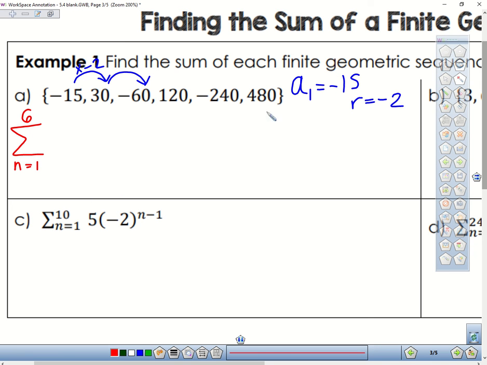And then we take our first term, which is negative 15, times our common ratio to the power of n minus 1. That's the general formula for a geometric series. Okay, that's how you write a geometric series in summation notation. Now we're going to calculate Sn.